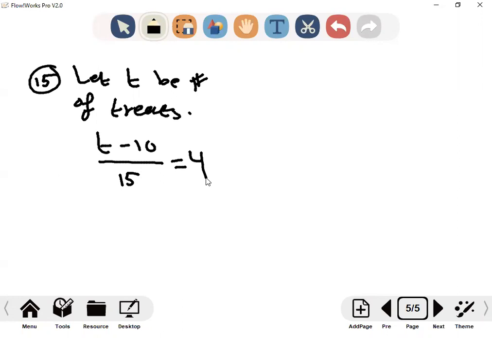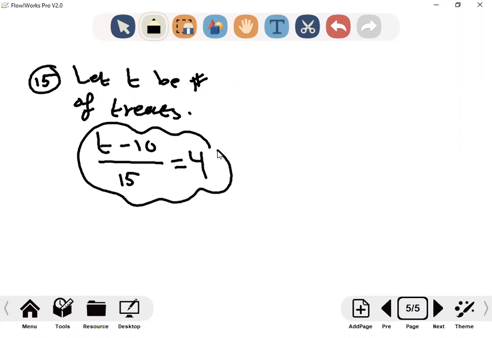Same idea, let the 100 be T now. He has T, took 10. How much is left with him? T minus 10. The rest, T minus 10, distributed on how many dogs? 15. Each dog gets 4. Get it? Now we need to know the value of T by solving this equation.